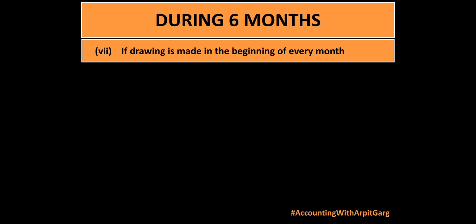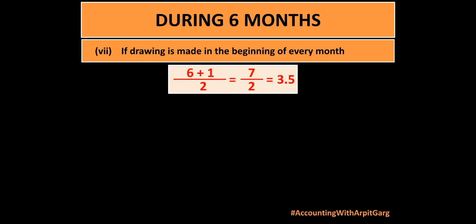So from first date we have 6 months. Then from first date to last date, it is 1 month, like 1st March to 31st March, 1 month. So here it is 6 plus 1 divided by 2.